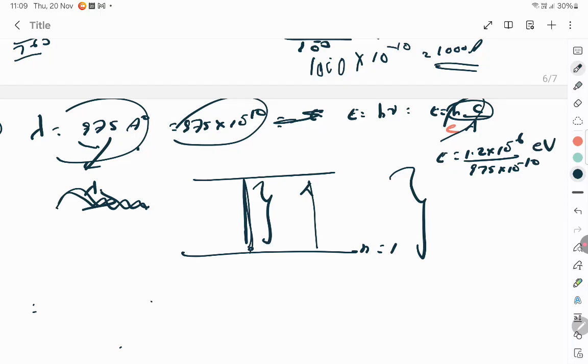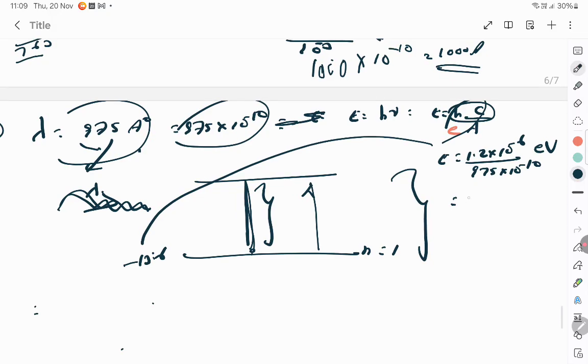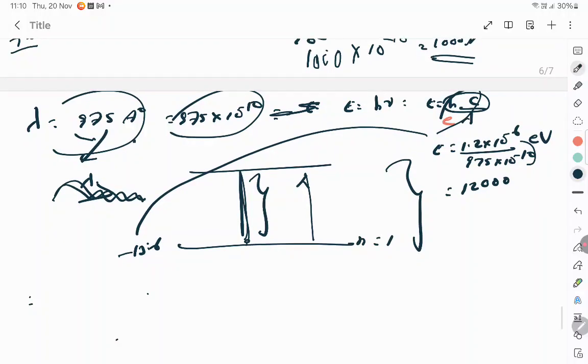Once you get this energy, there's a minus 13.6 electron volt here. Add this energy to this value. So the total energy now changes. What is this energy's value? Take it up, it will be 10 to the power 4 and multiply it inside. 1 0 goes there and you get 3 zeros. 10 to the power 4 means 1, 2, 3, 4, correct?